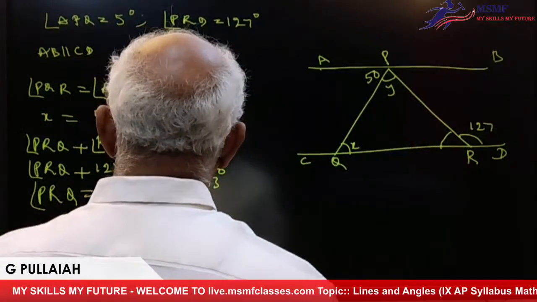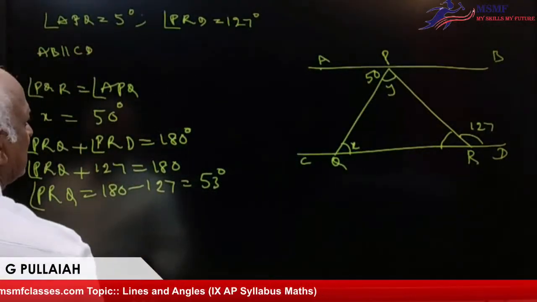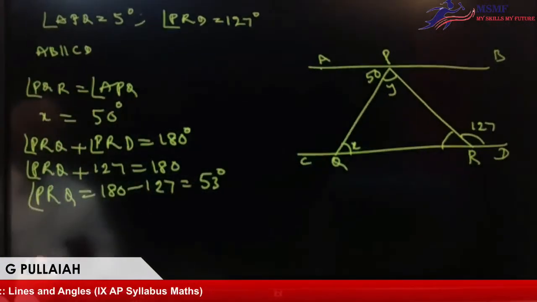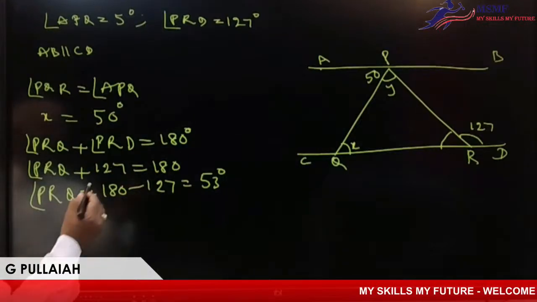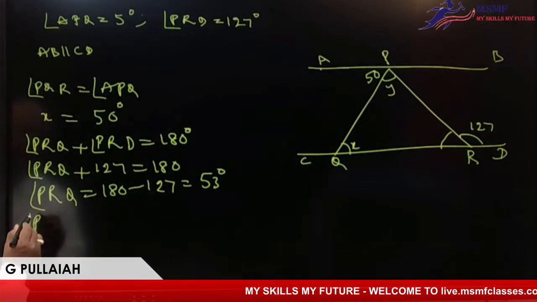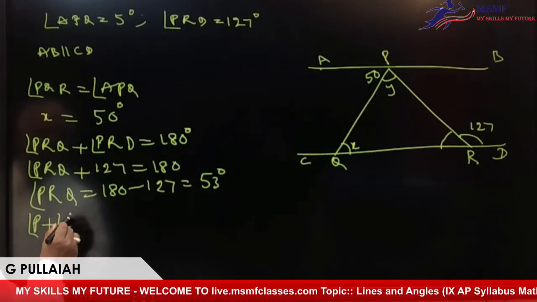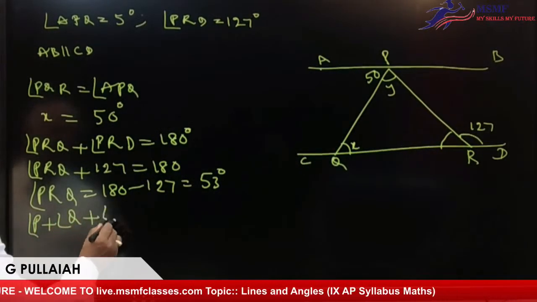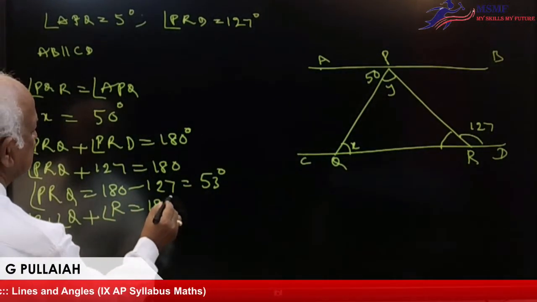Or you can go to the other method. So now PRQ is 53 degrees. Angle P plus angle Q plus angle R is 180 degrees.